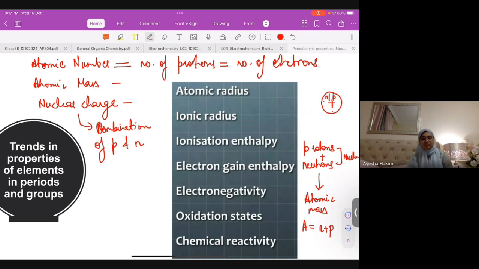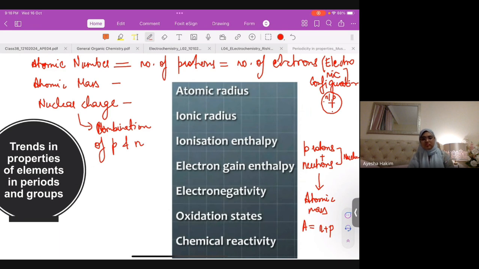So the number of electrons is something that is being considered for electronic configuration. That is what you were telling, that my modern periodic table is being arranged in terms of electronic configuration. So electronic configuration is what? It is the arrangement of electrons in different shells and subshells.